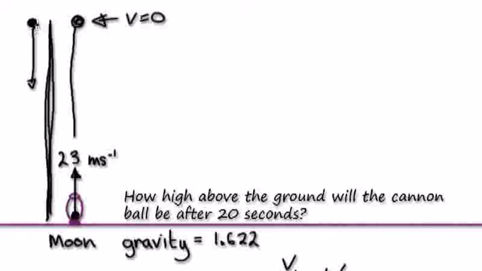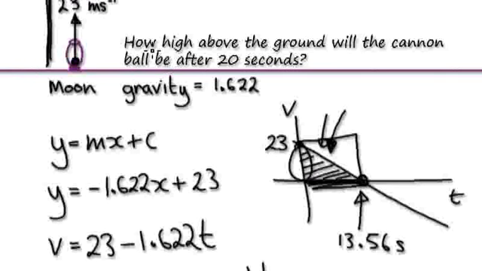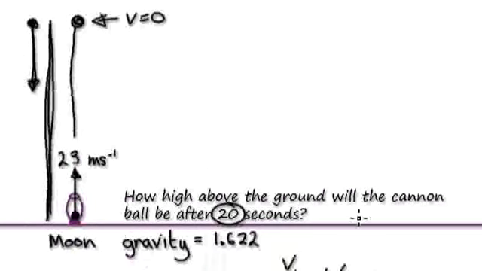We need to find out how long it free falls for, because the question is asking for the height above the ground after 20 seconds. 13 seconds is here, so 20 seconds should be somewhere around here. This area represents the distance of free fall. It's a negative area, but let's just imagine it as a free fall.